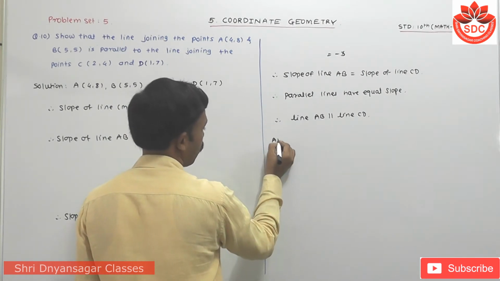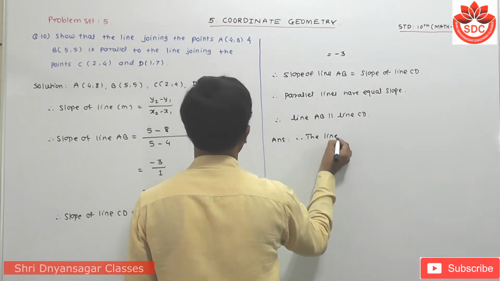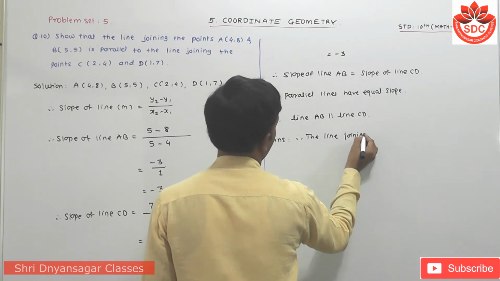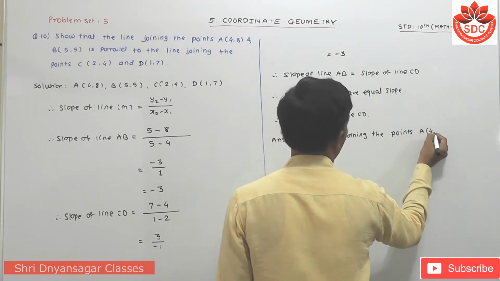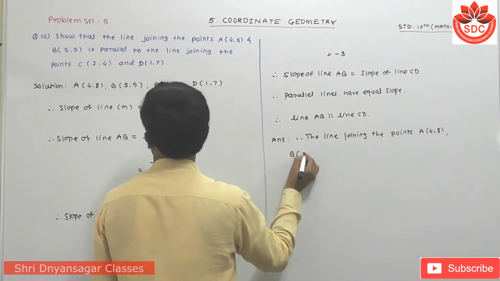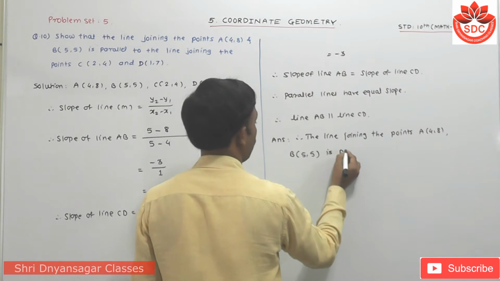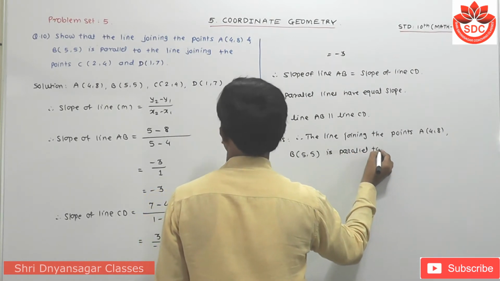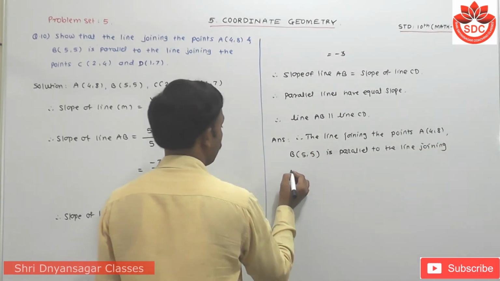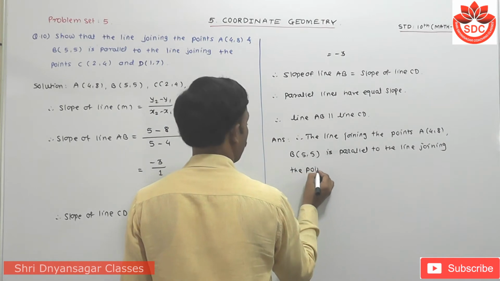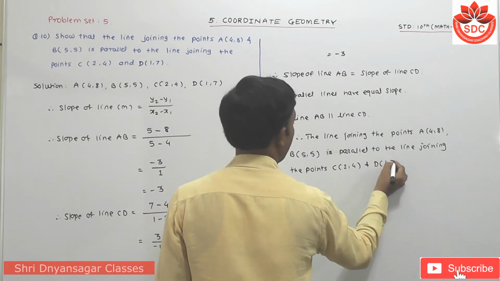Therefore, the answer is: the line joining the points A(4, 8), B(5, 5) is parallel to the line joining the points C(2, 4) and D(1, 7).